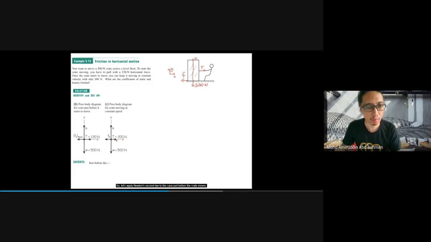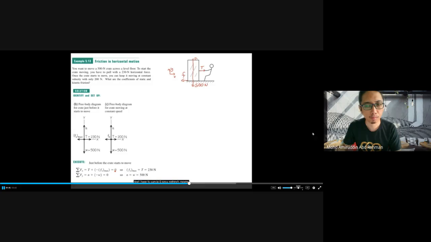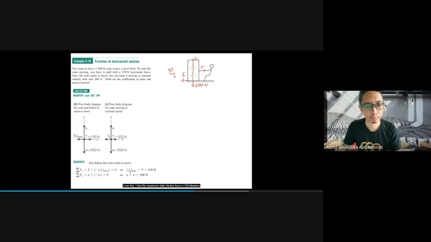So let's apply Newton's second law to the case just before the crate moves. Here are the forces in the x direction. Here's the maximum static friction force to the left. And they have to sum to zero since nothing's moving and the system is still in static equilibrium. And from this, I find that the maximum static friction force is 230 newtons, which is, of course, the applied force.